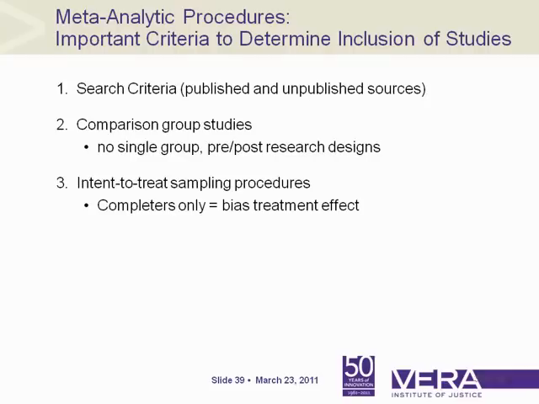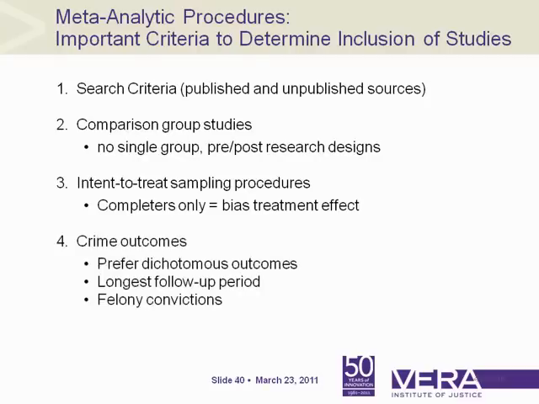What you don't want to do is only look at studies that have completers, because it really will bias the treatment effect. In the real world, there are people who participate and drop out, and people who intend to participate and drop out. So you want to understand the average effect for this particular program. That's an important factor to consider.